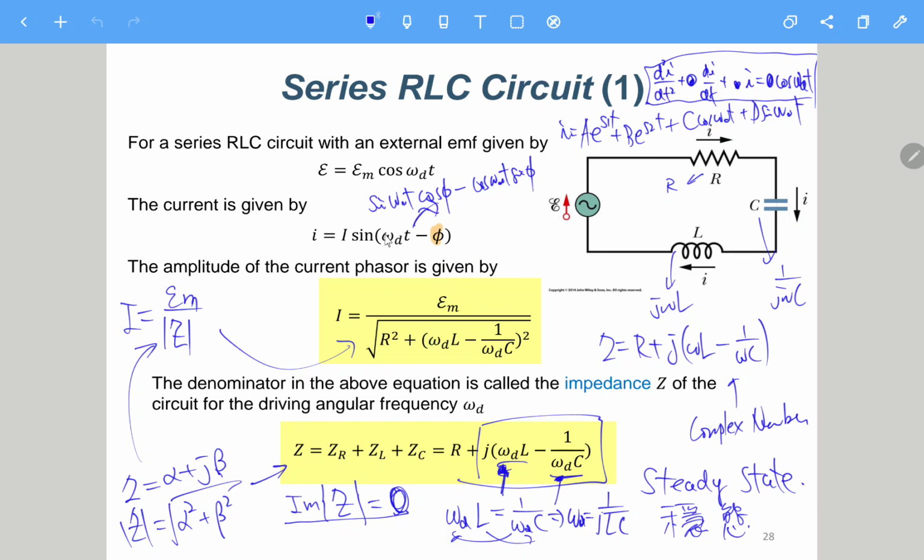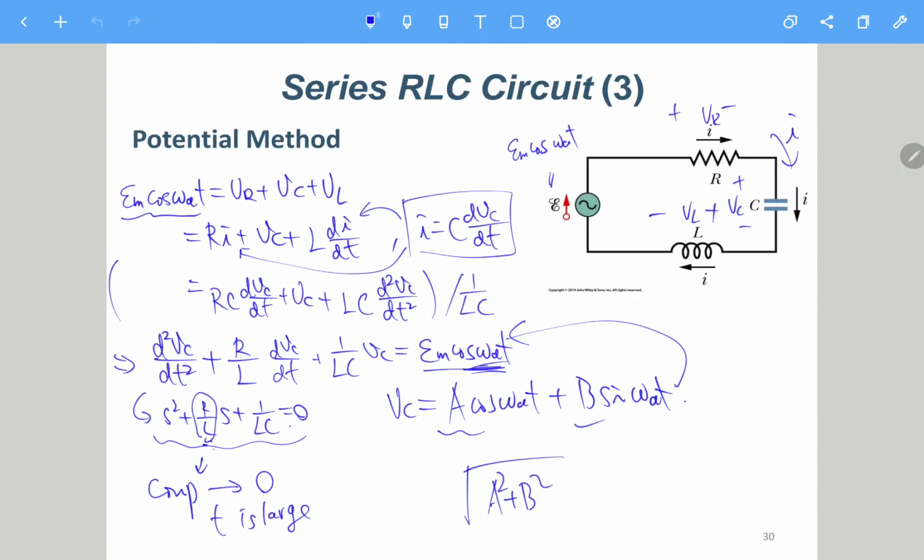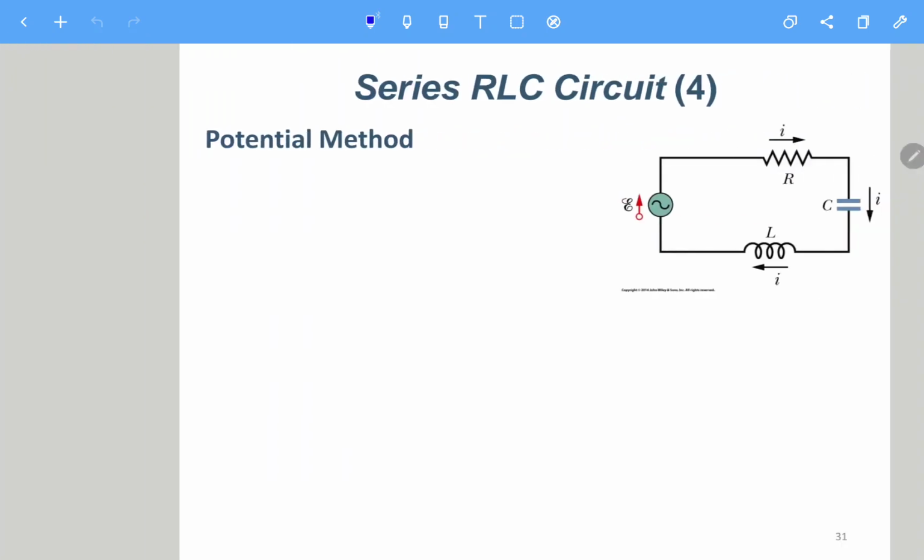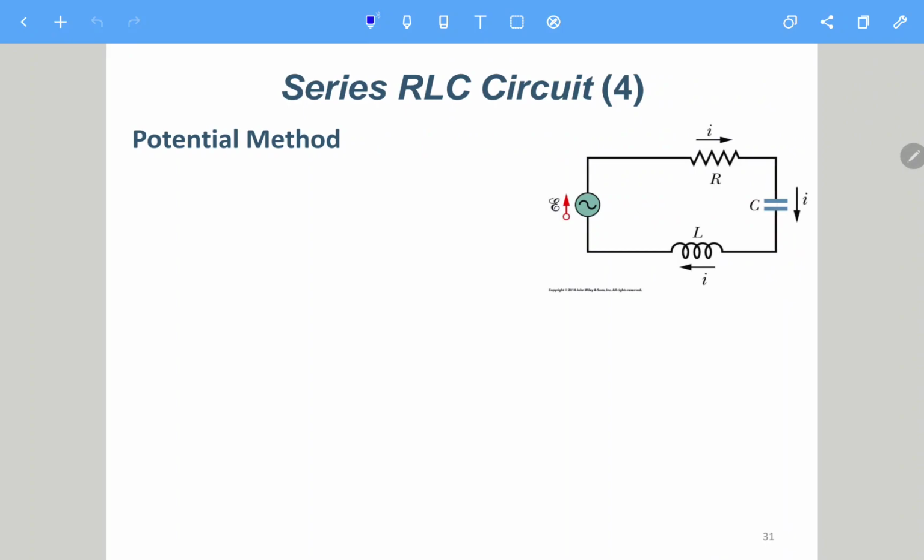Or if you extract it back to there, you will find this is a sine of omega d t and a cosine of omega d t, with the coefficients negative A and B. You just need to put in some effort to calculate all of this, because you need to plug this into the second-order ODE and then compare the coefficients. I won't repeat the complete derivation, because you can practice it at home.